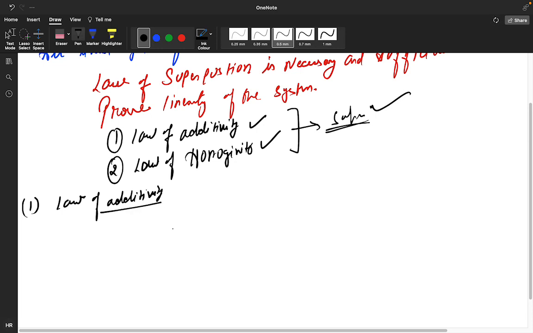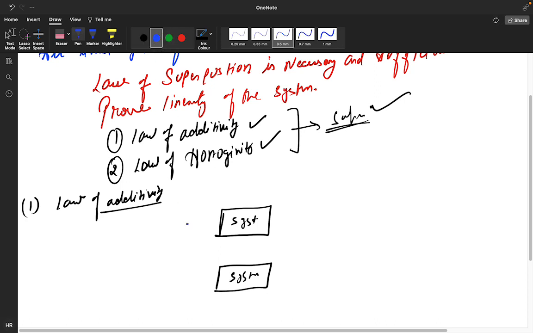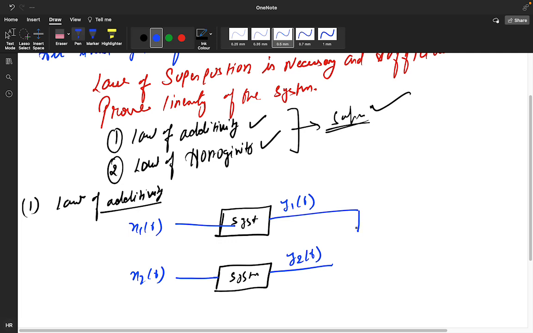suppose this is your system, this is your same system. You are giving a different input x1 of t, and you are giving a different input x2 of t. So for x1 of t you are generating y1 of t, and for x2 of t you are getting y2 of t. These two you will add, summation. So what will be the result? y1 of t plus y2 of t.